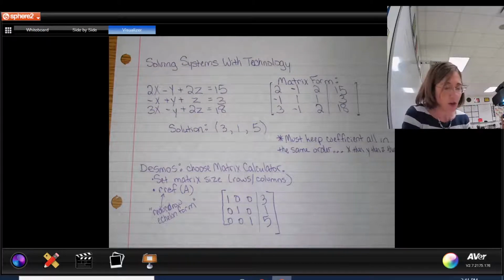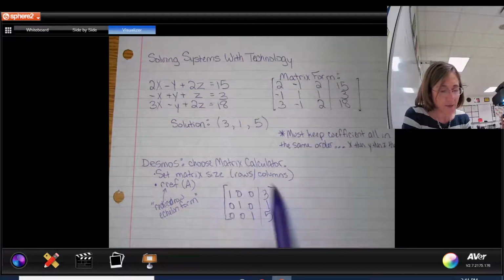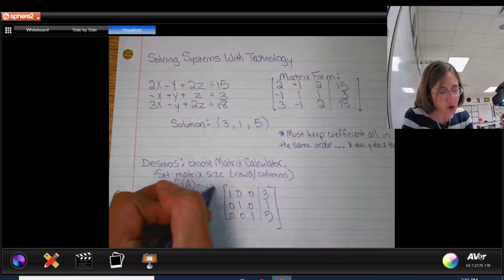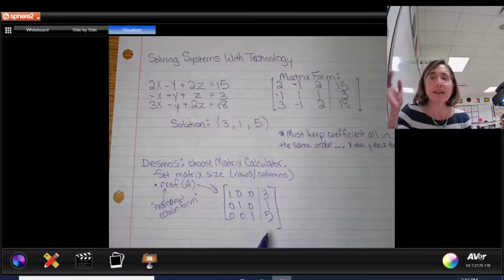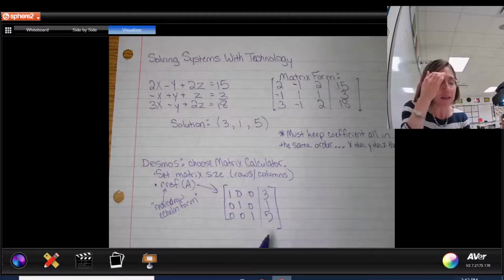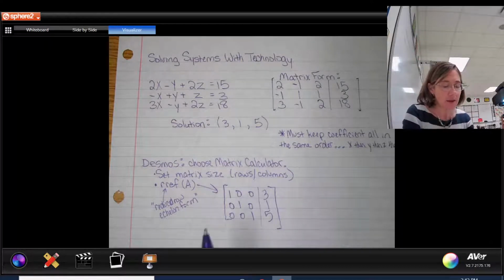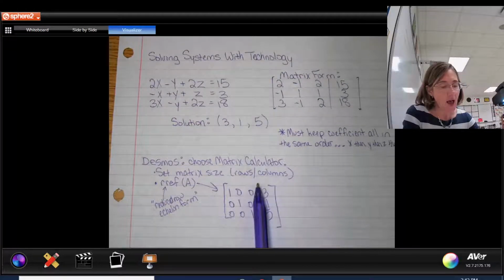All right, so here's what I'm seeing as a result of reduced row echelon form on Desmos. Desmos does not put this little line in. That line typically means that the answer is what comes next, like that's where the equal sign was in the systems. It's fine that it doesn't put it.